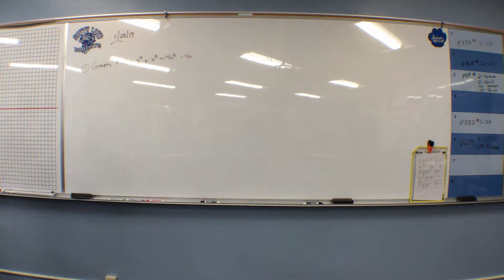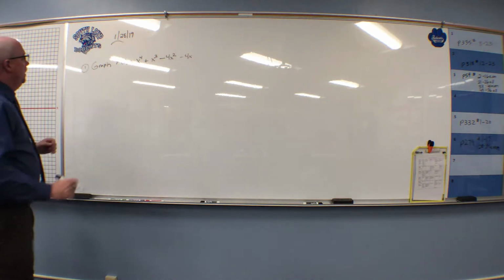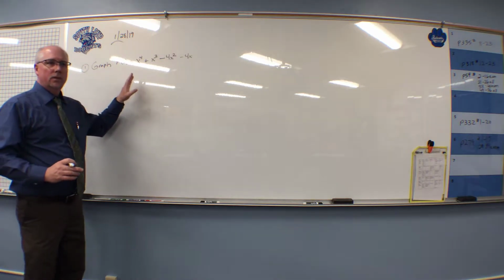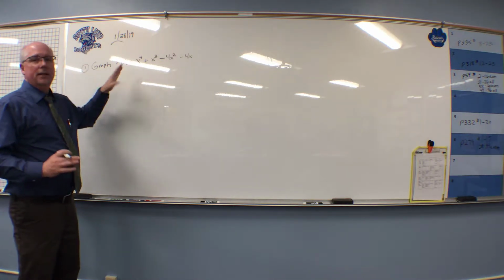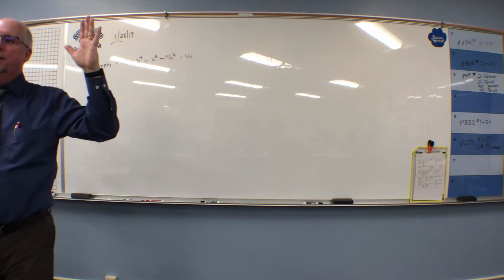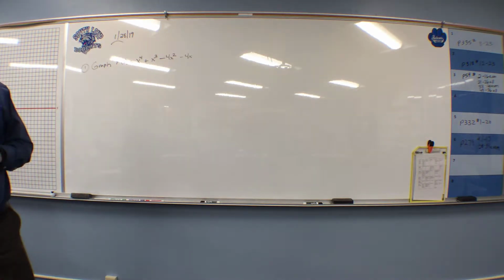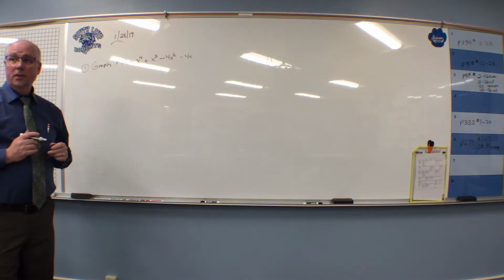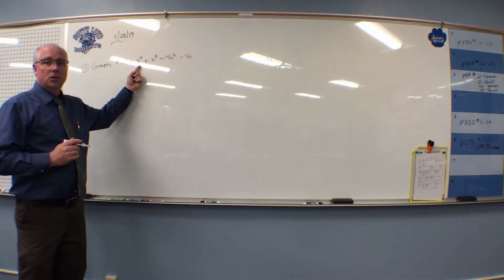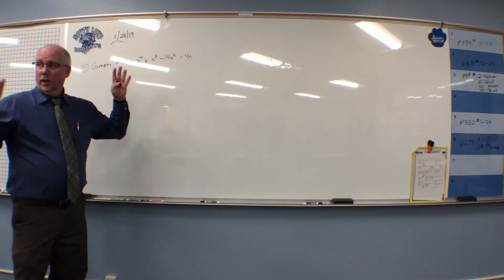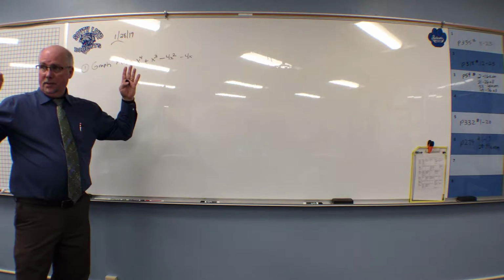Okay? The first thing that we need to look at is what we learned from the last section: the arrows are either going the same direction, up or down. Which is it, up or down? Up. Both arrows are going up. So when we graph this, we're going to have both arrows going up.